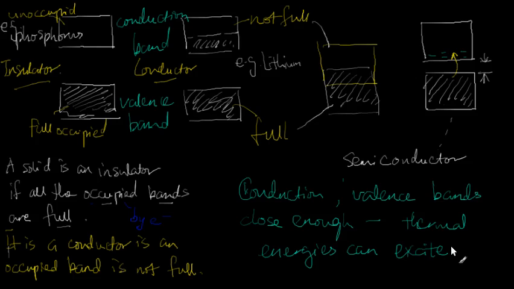I'm using rather technical terms here. Excite just means give energy to the electrons. Thermal energies can excite electrons from the valence to the conduction band.